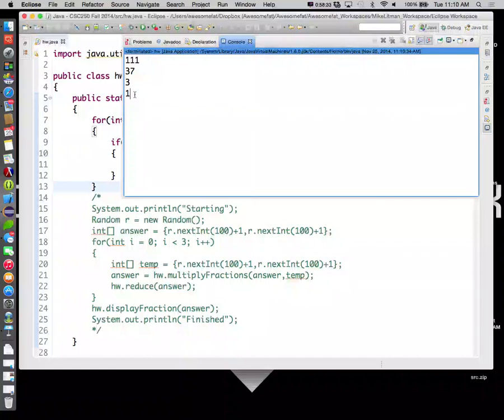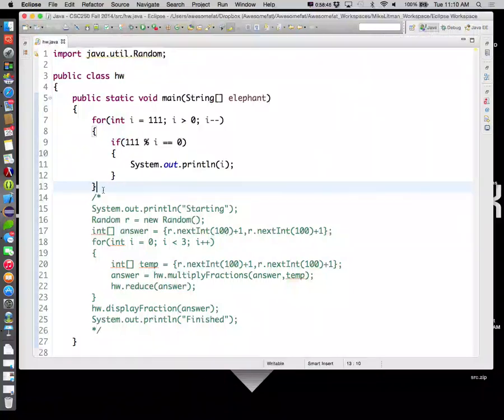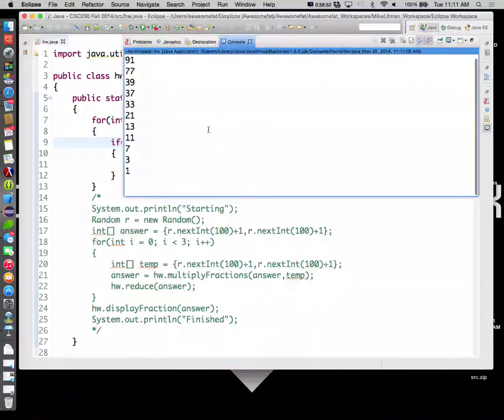Right off the bat, we see that a very small number of values between 1 and 111 evenly divide 111. Let's throw a couple other ones on there. Relatively speaking, a very small number of numbers.